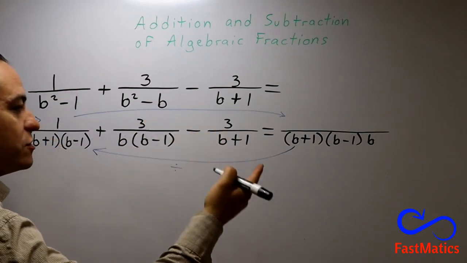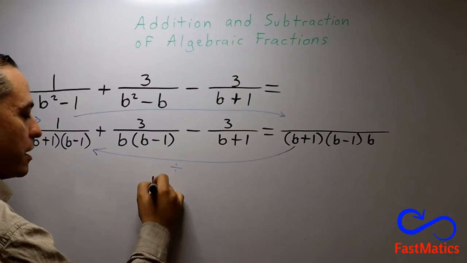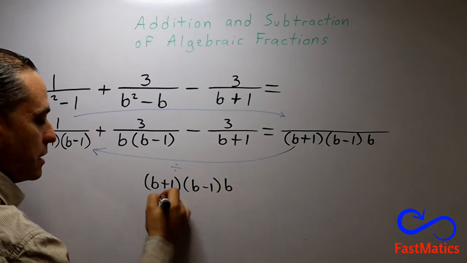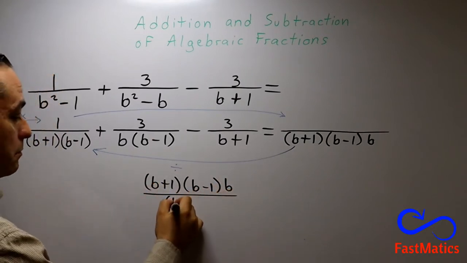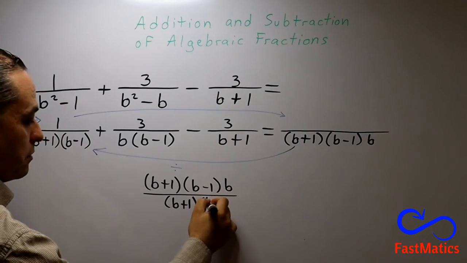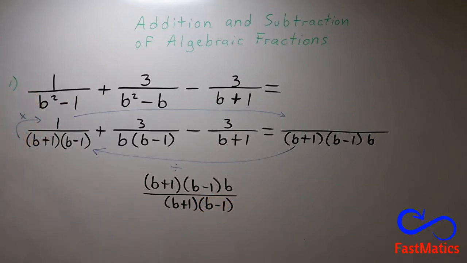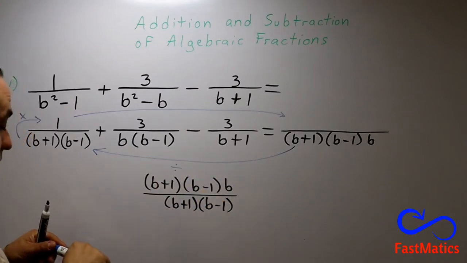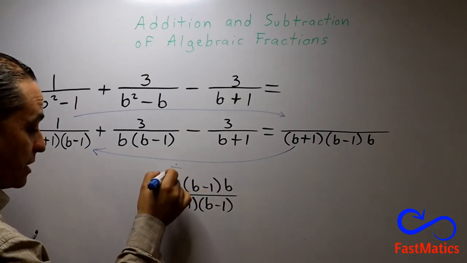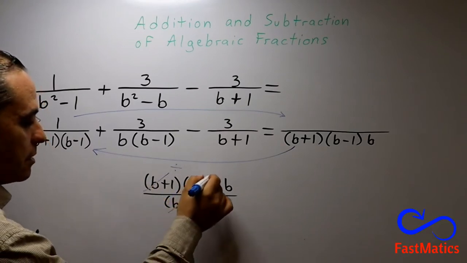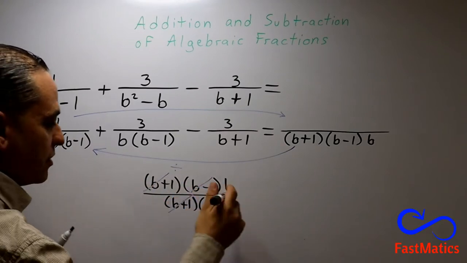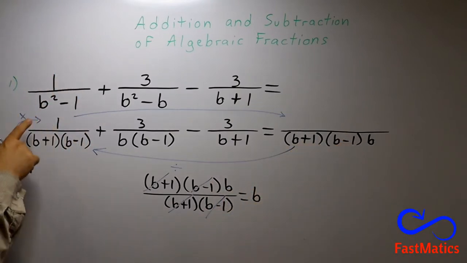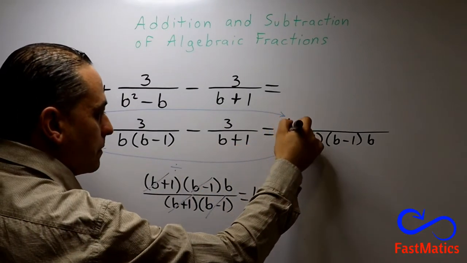If you can't do that in your mind, you write it b plus 1 times b minus 1 times b divided by b plus 1 times b minus 1. And because all of them are in multiplication, we can eliminate b plus 1 with b plus 1, b minus 1 with b minus 1. And the answer is b. So this divided by this, b times 1, b.